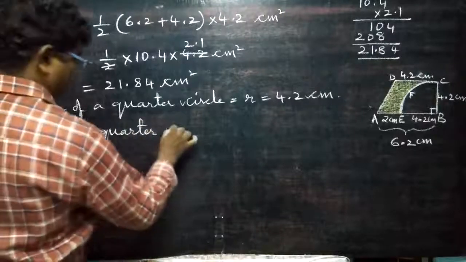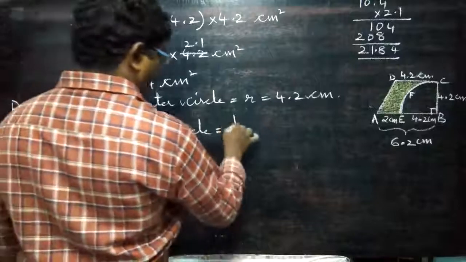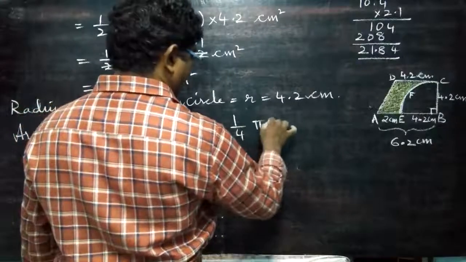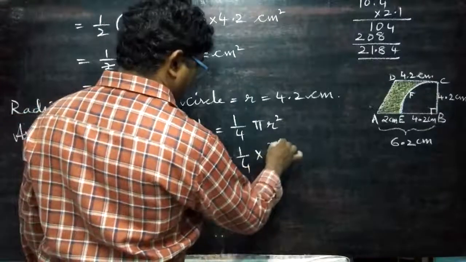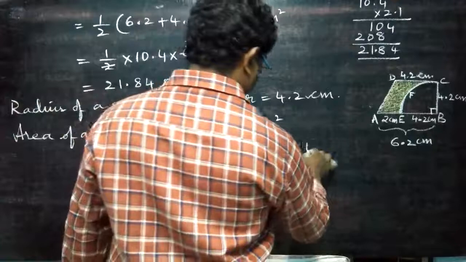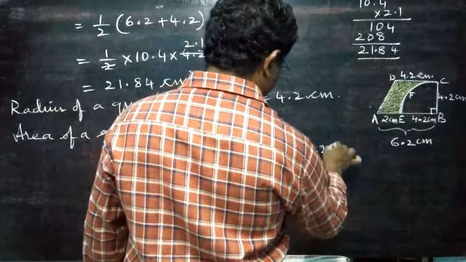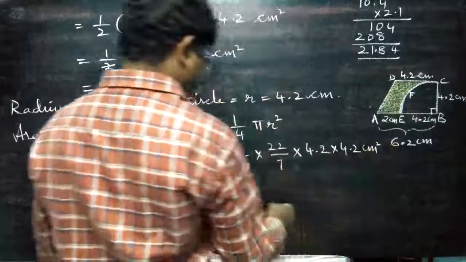Quarter means 1/4. Semicircle means half. So 1/4 pi r square. That is equal to 1 by 4 into 22 by 7 into r square, 4.2 into 4.2 centimeter square.